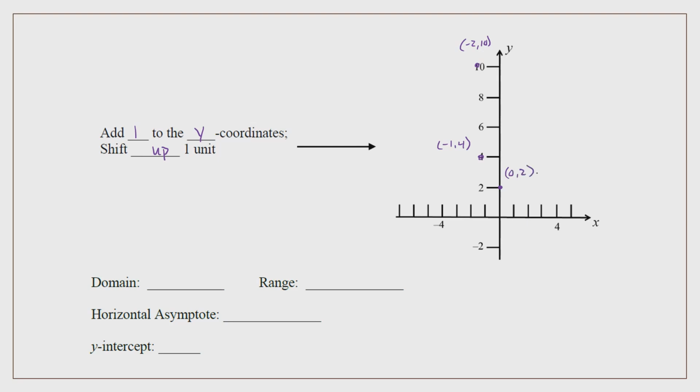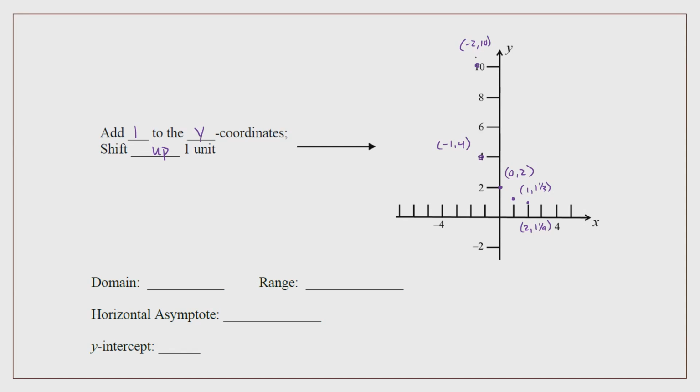We also had 1 and 1/3. So now we will have 1 and 1 and 1/3. And we had 2 and 1/9. So now we'll have 2 and 1 and 1/9. I'll just put that down here.